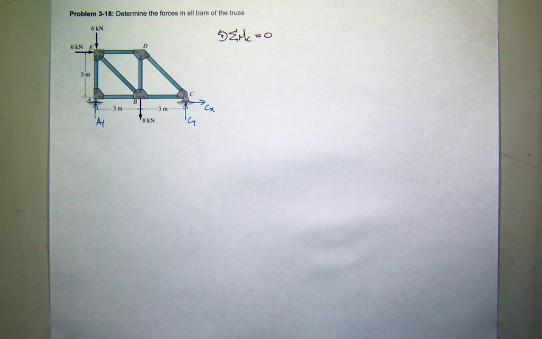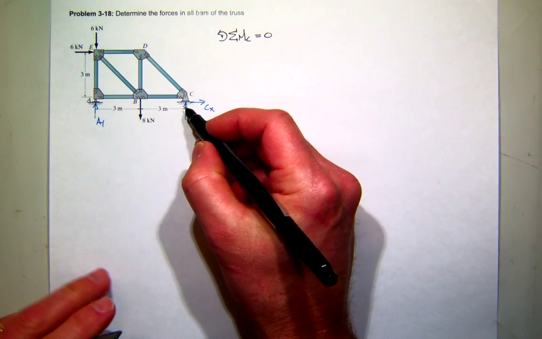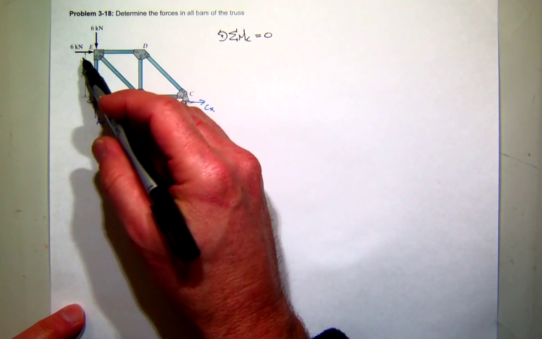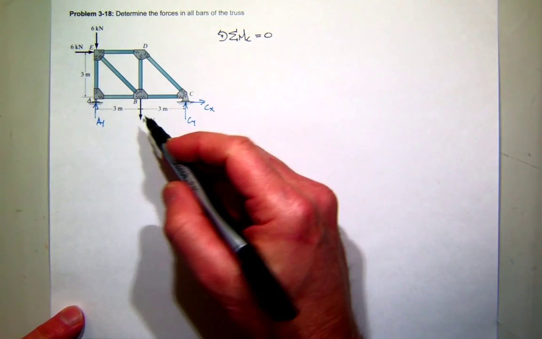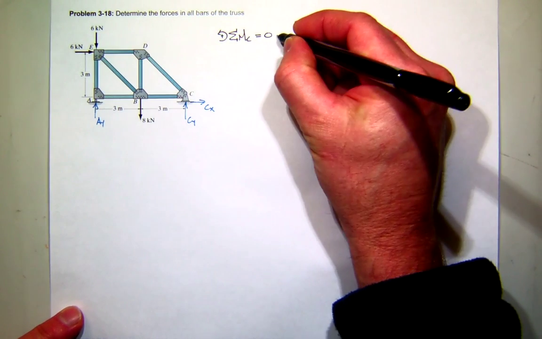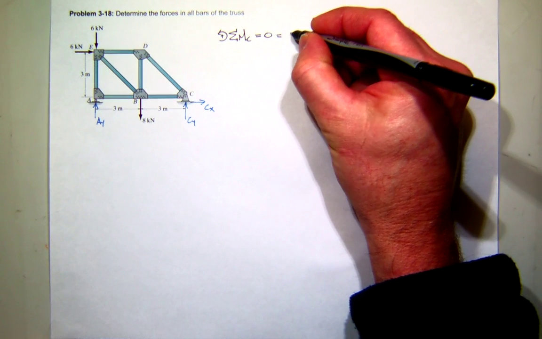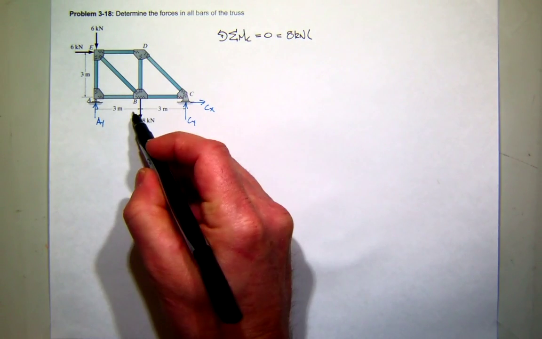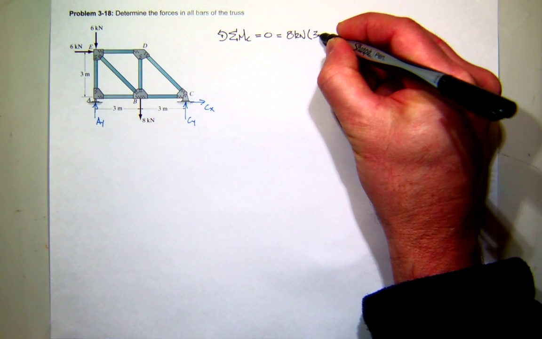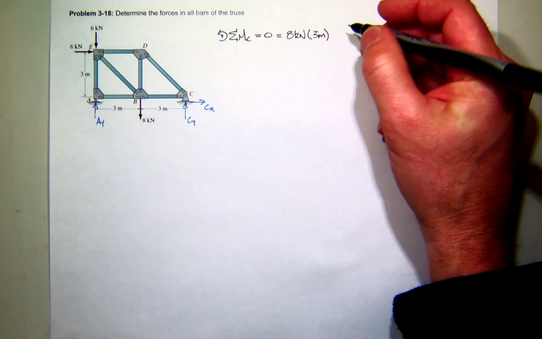Oh, hang on. So about C, I'm going to have 1, 2, 3 applied forces creating moment and a reaction. Let's do all the applied forces first. The 8 kilonewton, does that create positive or negative moment with my sign convention? Positive. So that's 8 kilonewtons, and the moment arm looks like it's 3 meters. What about the 6 kilonewton force, positive or negative?